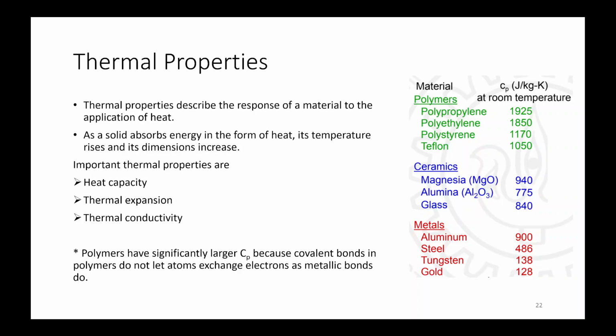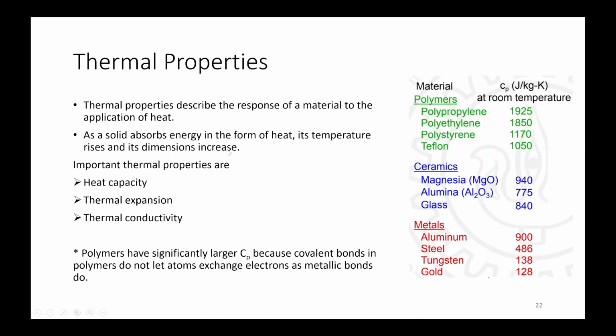Now moving on from optical to thermal properties. Thermal properties describe the response of a material to the application of heat. As a solid absorbs energy in the form of heat, its temperature rises and its dimensions increase.